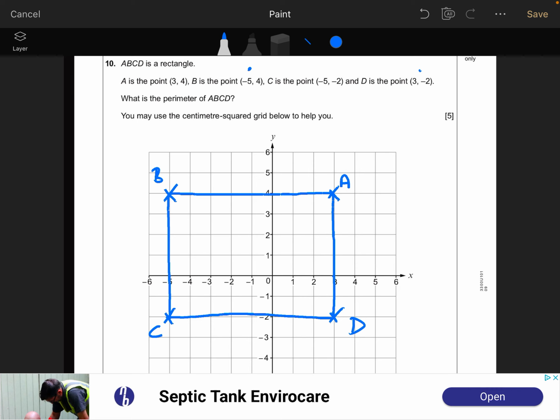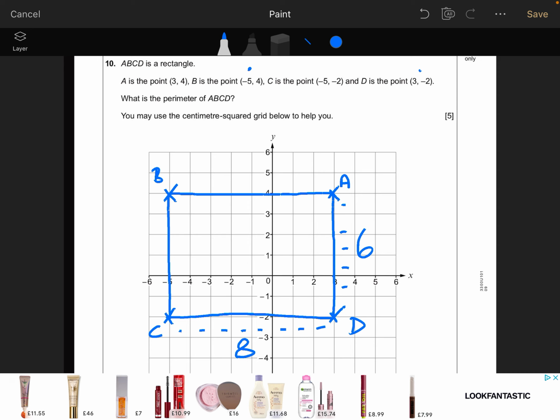So I'm going to write on the numbers, the length of each side on my diagram. So I've got 1, 2, 3, 4, 5, 6 down that side. I've got 1, 2, 3, 4, 5, 6, 7, 8 across the bottom, and it will be 8 across the top because it's a rectangle, and 6 on the opposite side to the other 6.